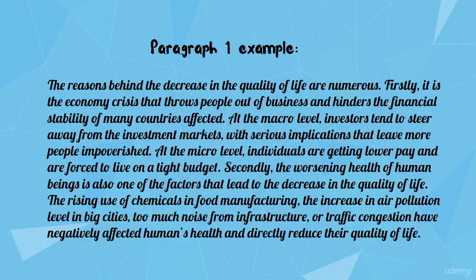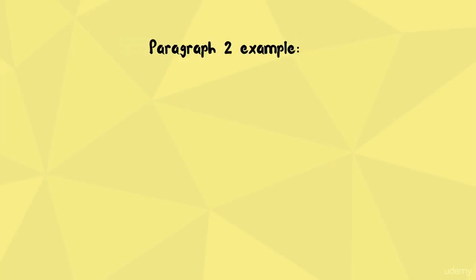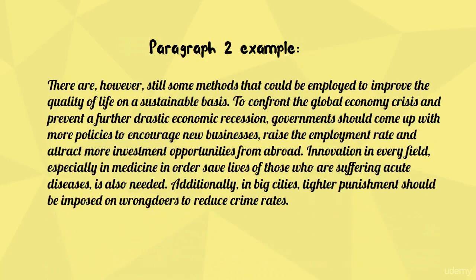In paragraph 2, where you need to write the solution, here's one of the samples. There are, however, still some methods that could be employed to improve the quality of life on a sustainable basis. To confront the global economic crisis and prevent a further drastic economic recession, governments should come up with more policies to encourage new businesses, raise the employment rate, and attract more investment opportunities from abroad.